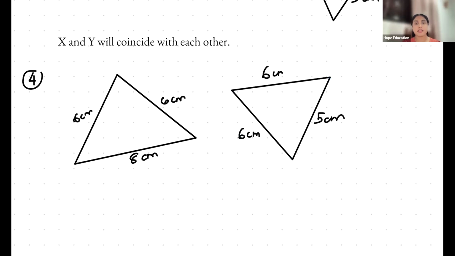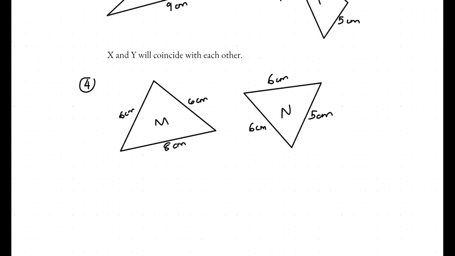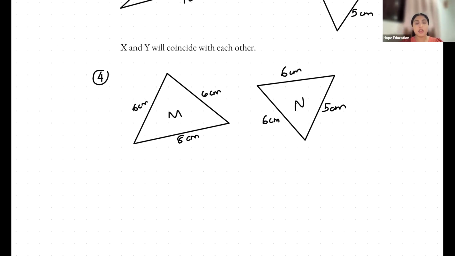Let's say this is M and this is N. Do you think they will coincide with each other? No. Why not? Because of course the dimensions are different. M and N will not coincide with each other. This is what I want to show you here.